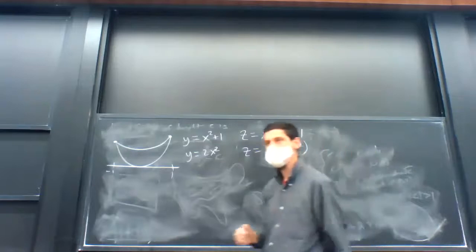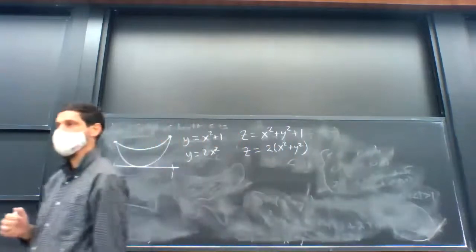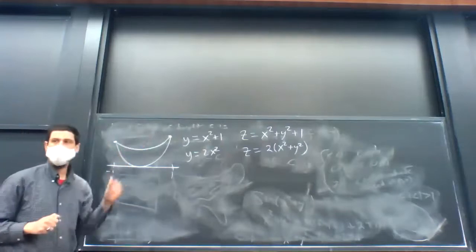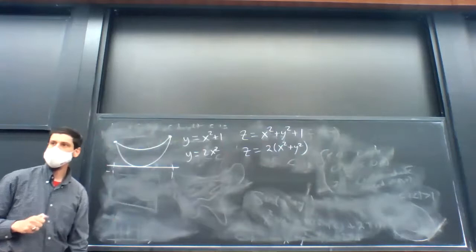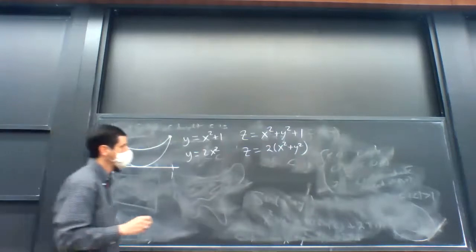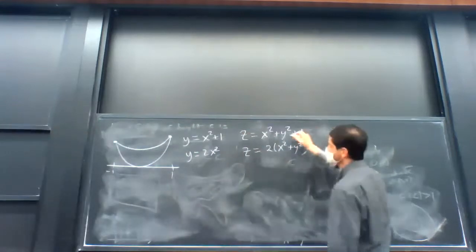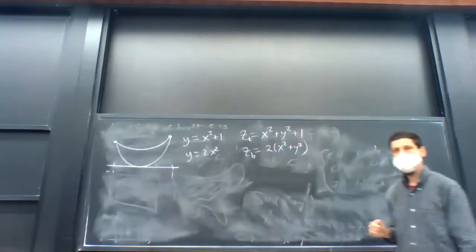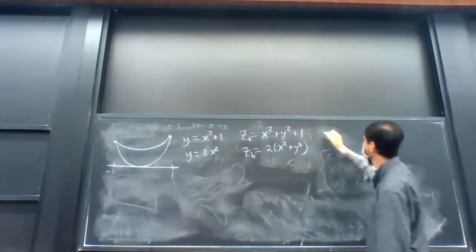So this is basically the volume between two paraboloids. What I need to do is find which is the bottom, which is the top, and where are the intersections. So is this the bottom or the top? This is the top. This is the bottom. So where's the intersection?